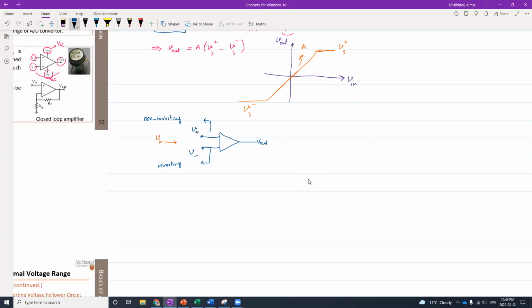what will happen? In order to create a closed loop non-inverting op-amp, I need to add a couple of resistors in here. So I'm going to add one resistor in here and another one in here. This one is going to be connected to ground, so I'm going to call it RG. And this one is going to be my reference, so I'm going to call it RF.